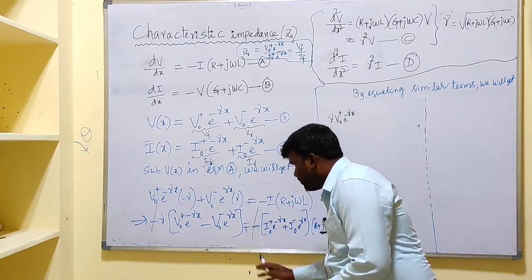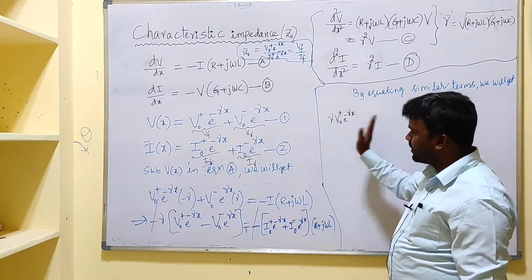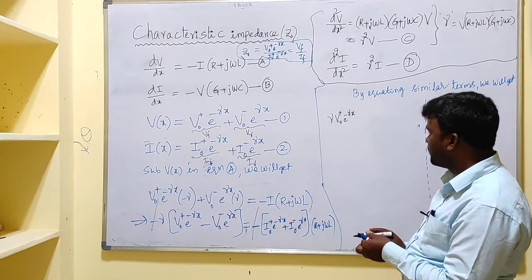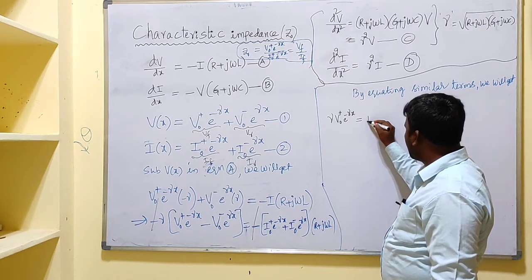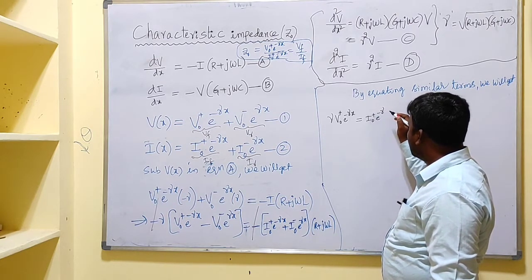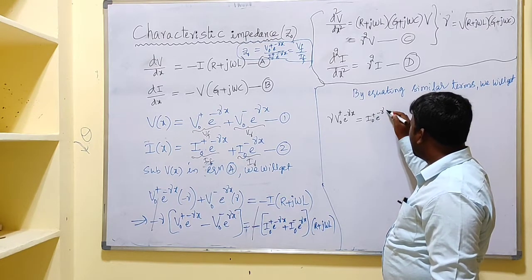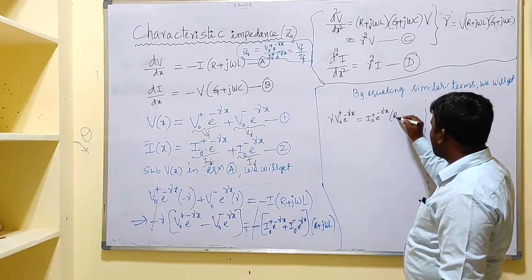If these similar terms are equal, that is why we need to equate them. Gamma into V naught plus e to the power minus gamma x equals I naught plus e to the power minus gamma x into (R plus j omega L).